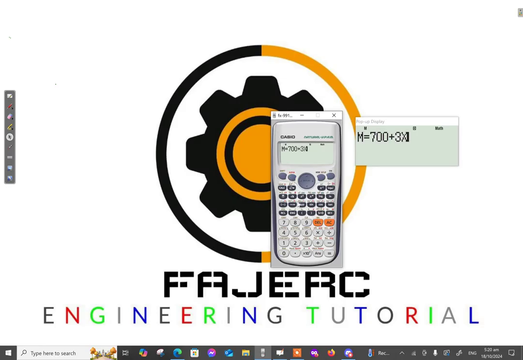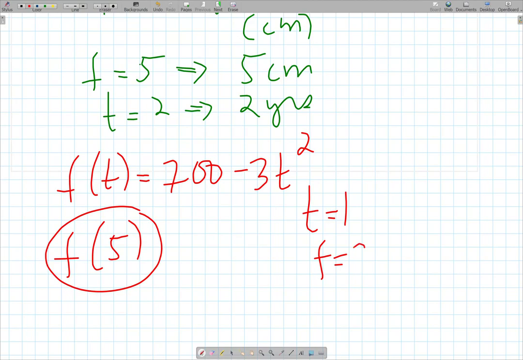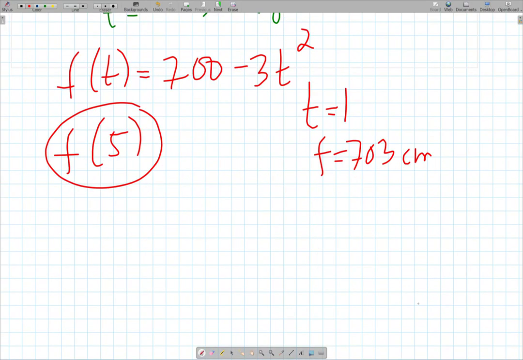And then let's say if our x is equal to 1, what is our f? 703. If our t is equal to 1 year, our f is 703 centimeters. We will just substitute it.